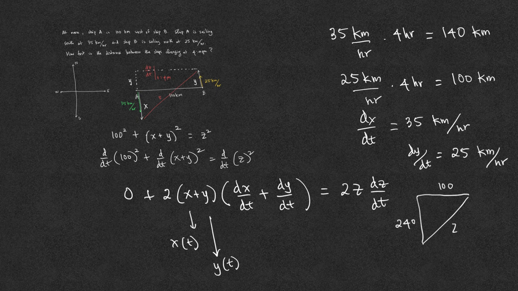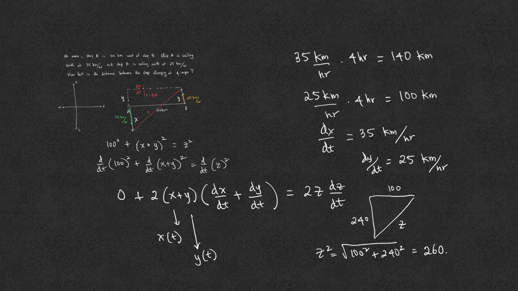At that particular moment, z is the square root of 100 squared plus 240 squared, and so this is 260.